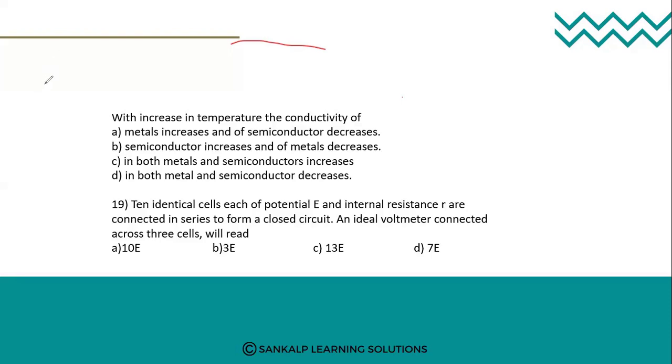Here, the number of cells they have given is 10, so n is equal to 10, and the potential of each is E. The cells are connected in series.